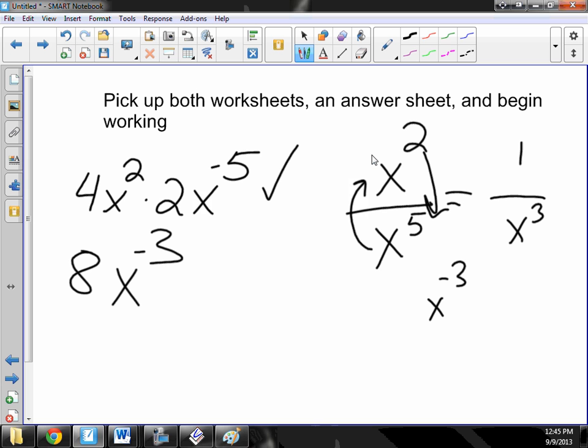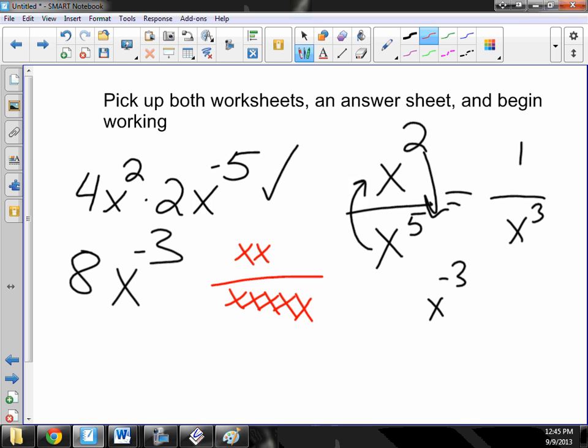Why are we subtracting? I'll give you the secret. As soon as I write it down, you're going to see it. Why do we subtract? All we're doing is canceling the common x's.